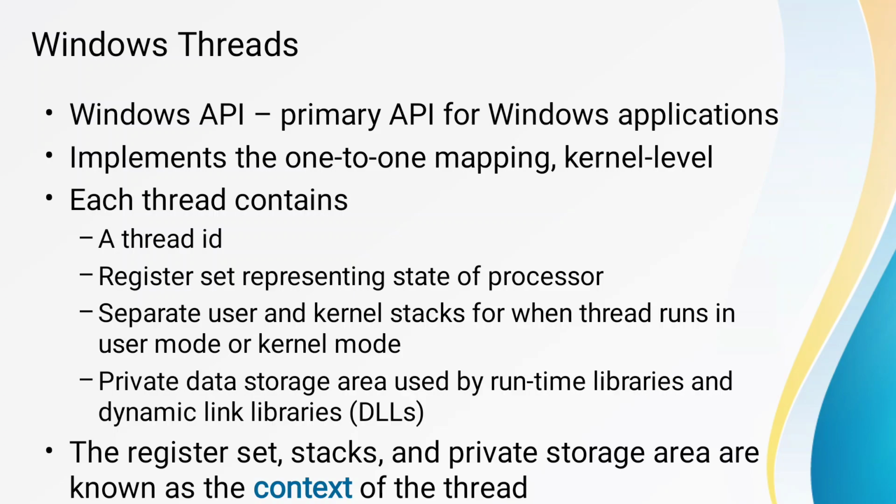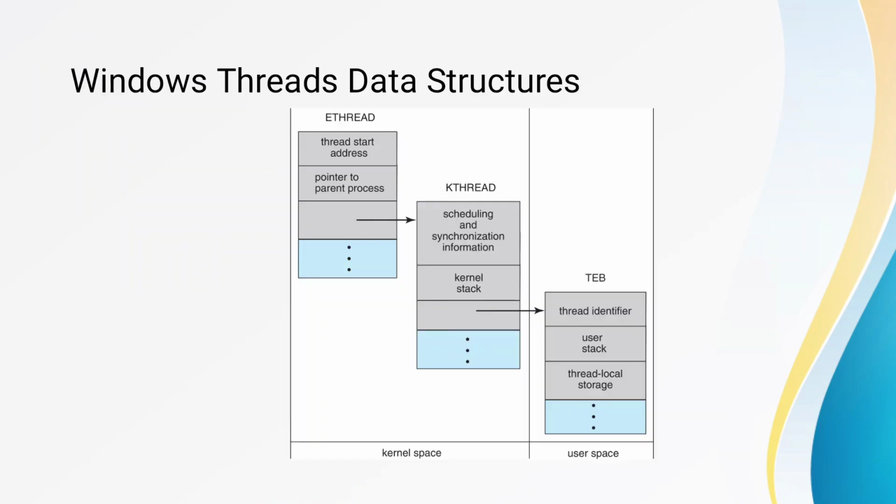Each thread contains a thread ID, a register set representing the state of the processor, separate user and kernel stacks for when the thread runs in user mode or kernel mode, and a private data storage area used by runtime libraries and dynamic link libraries. The register set, stacks and private storage area are known as the context of the thread.